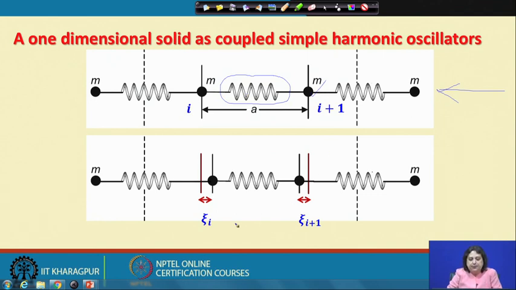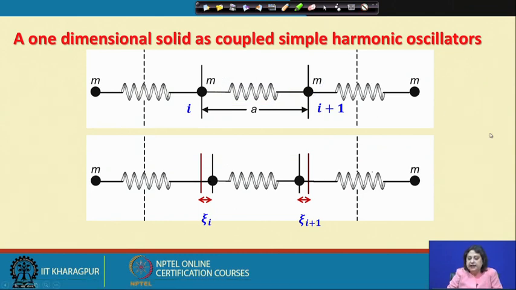Now, if it so happens that from its equilibrium position the ith atom undergoes a displacement, say ψ_i, then since this is connected to this, it may so happen that this will undergo a displacement like this. So, this is the displacement of the (i+1)th atom in the lattice, and let me denote it as ψ_(i+1).